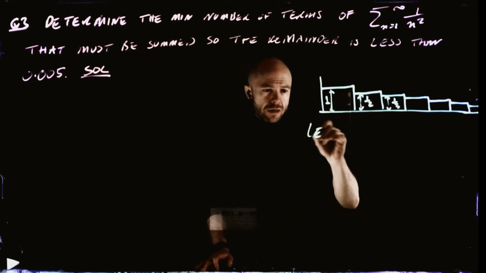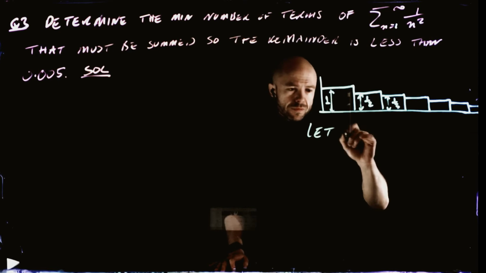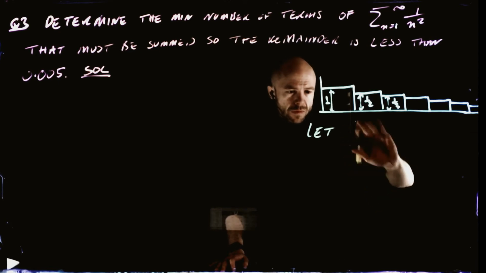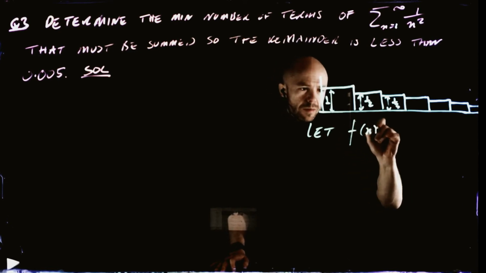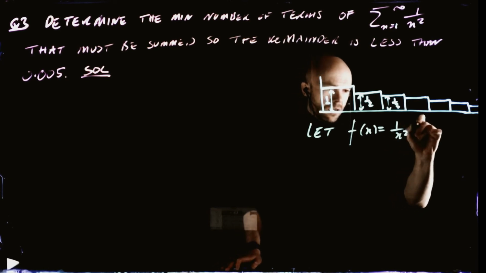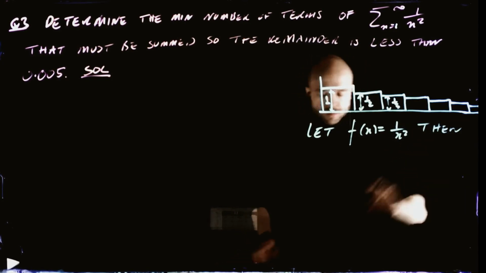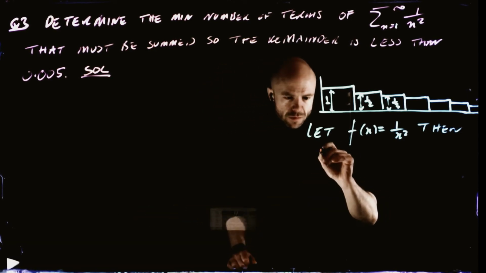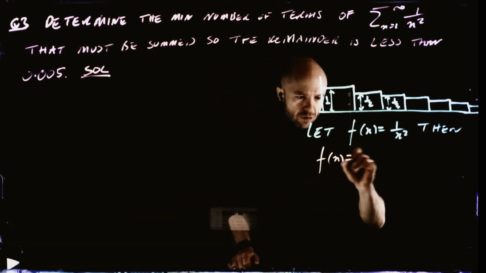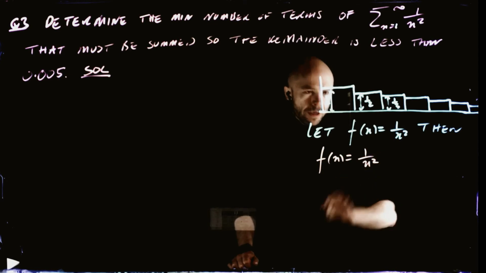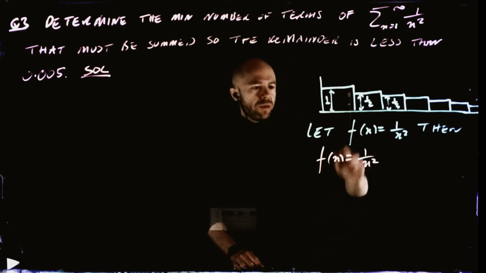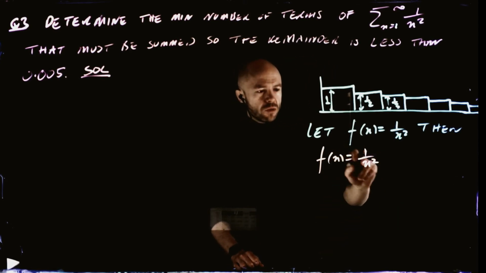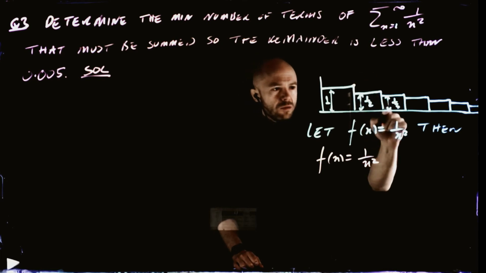So let f of x be 1 over x squared, then f of n equals 1 over n squared, yeah? And then we draw this information on the picture. So when n equals 1, we have 1 like this.